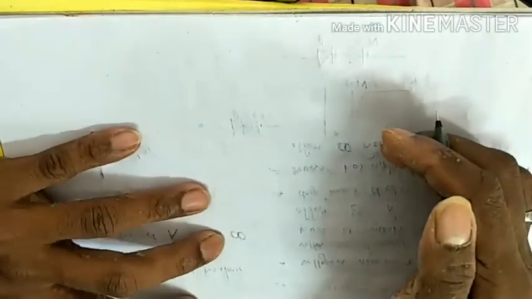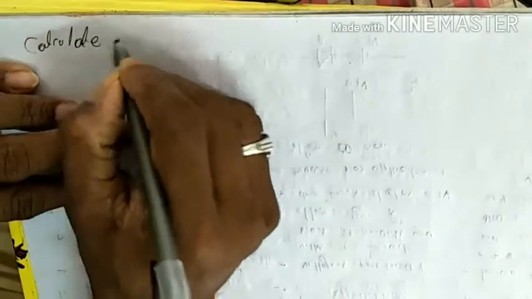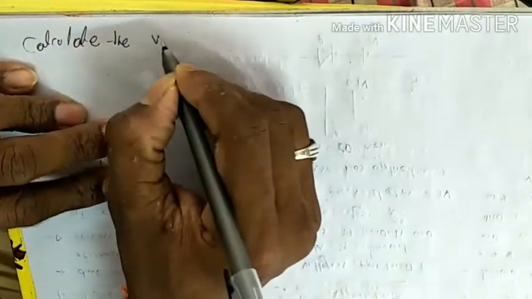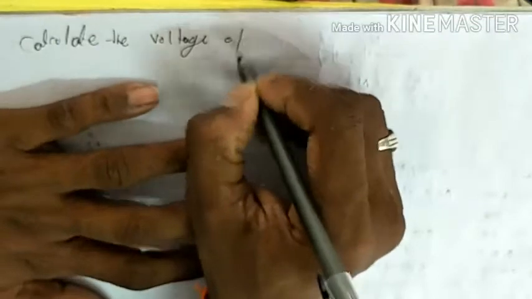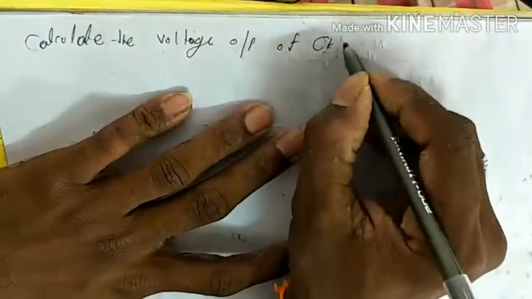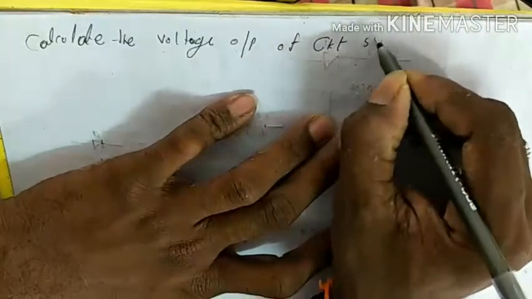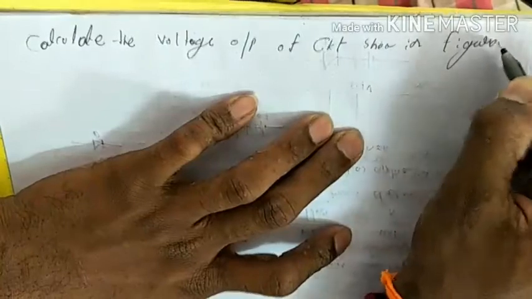Now we will see one example. Calculate the output voltage of the circuit shown in the figure.